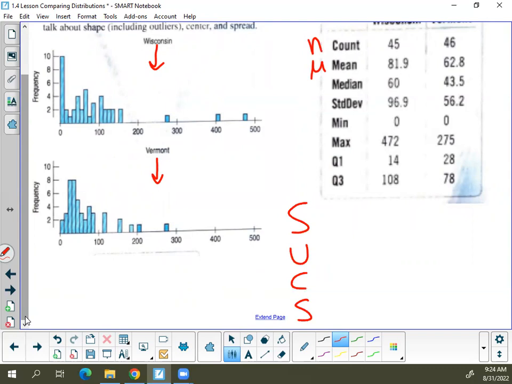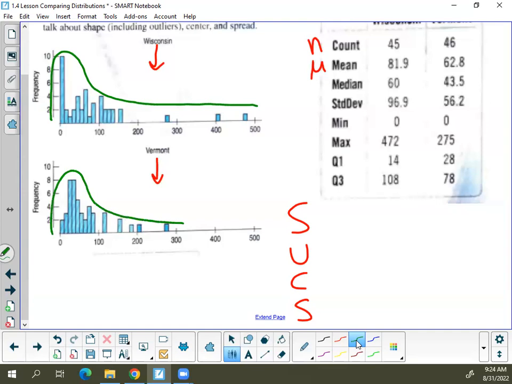So if we look at both of these distributions, I like to draw a little curve over them just to get a general idea of what they look like if I can't see it by looking at the bars. I would say that both of these distributions are skewed to the right. So we would say that for Wisconsin and Vermont, the number of campsites at each public park are both skewed to the right.